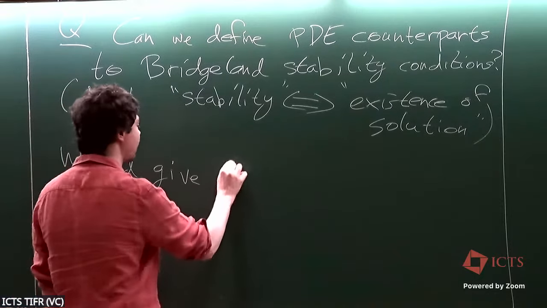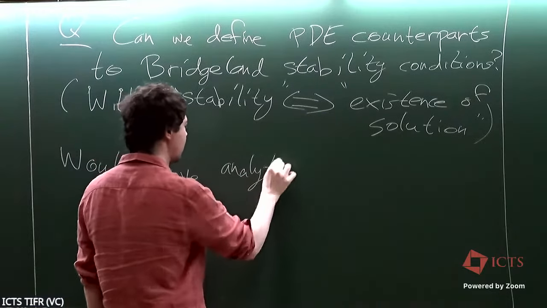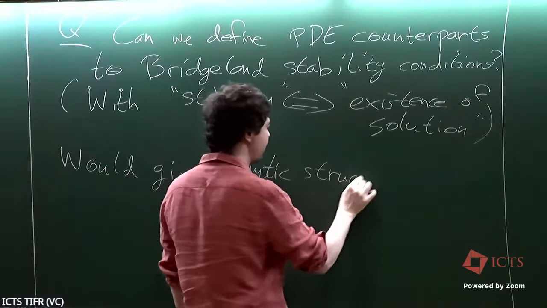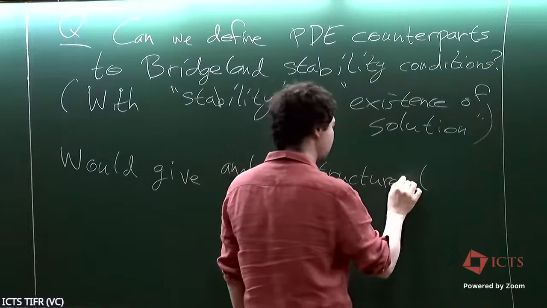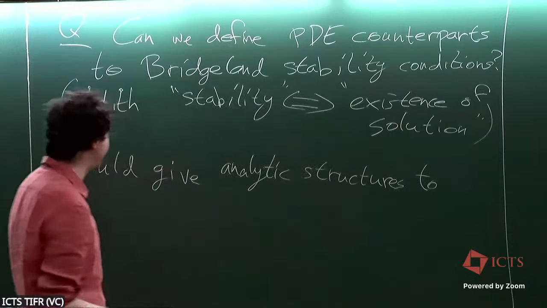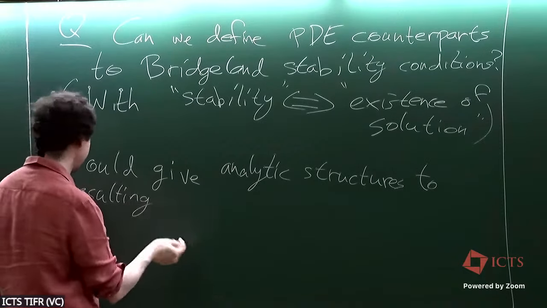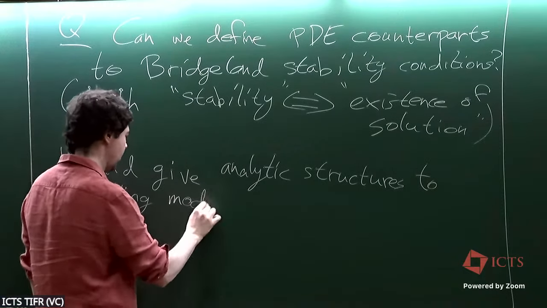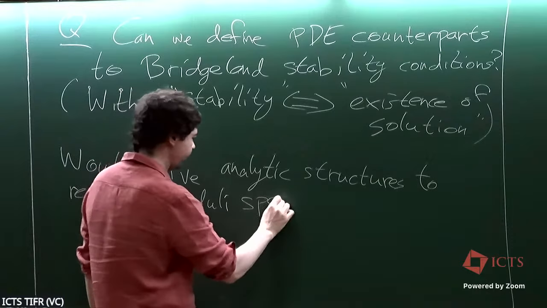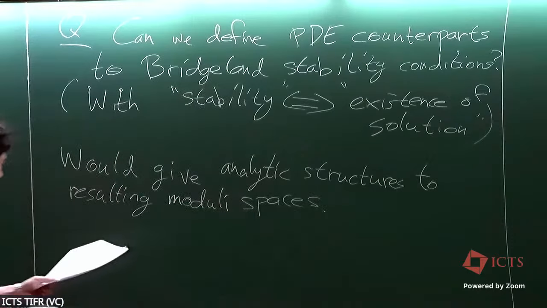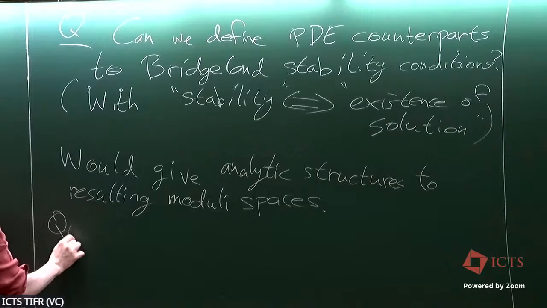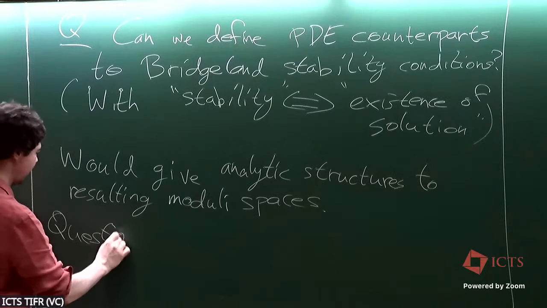So this would give analytic structures, for example, to resulting moduli spaces by this kind of general philosophy. Okay, so again, this is probably too ambitious.